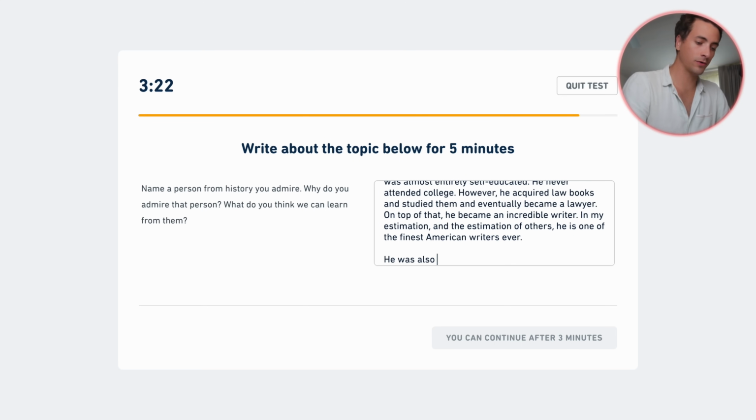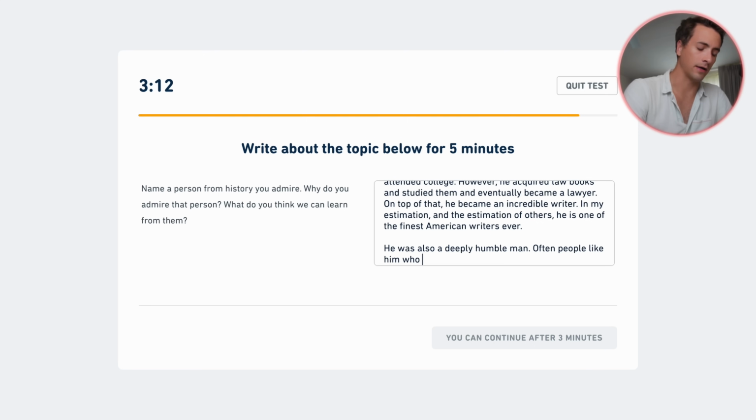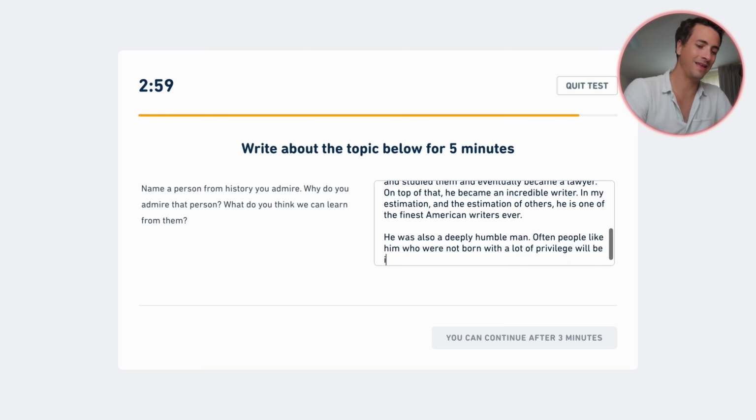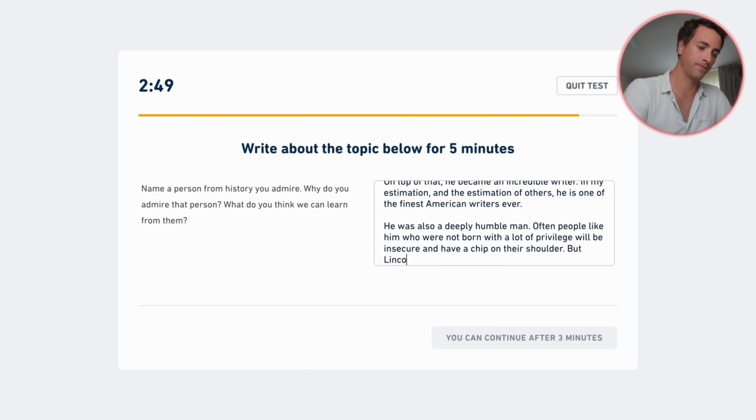He was also a deeply humble man. Often, people like him who were not born with a lot of privilege will be insecure and have a chip on their shoulder. But Lincoln did not.